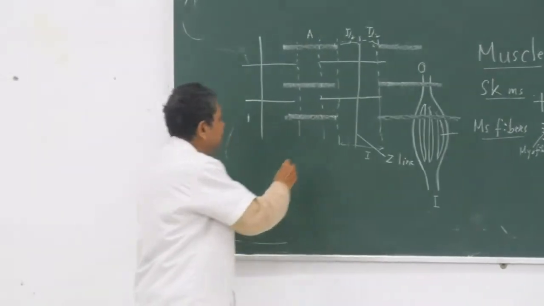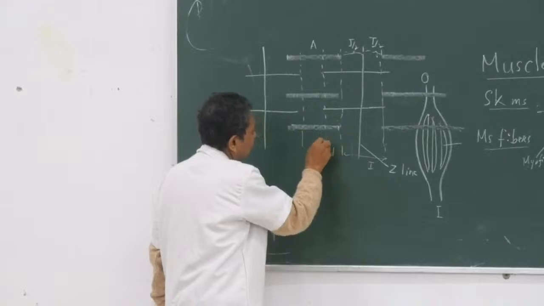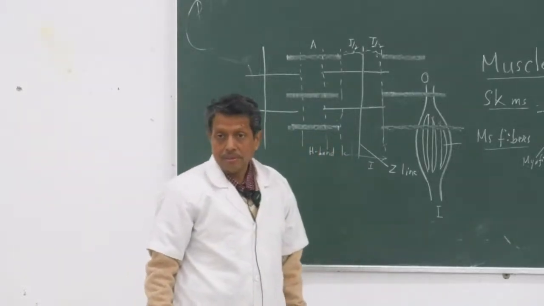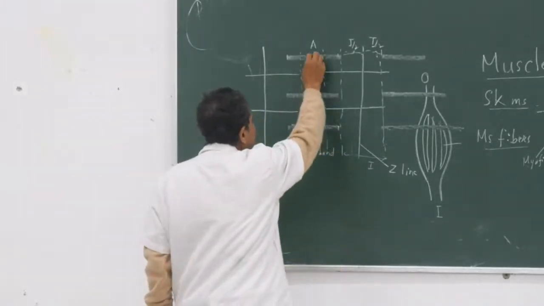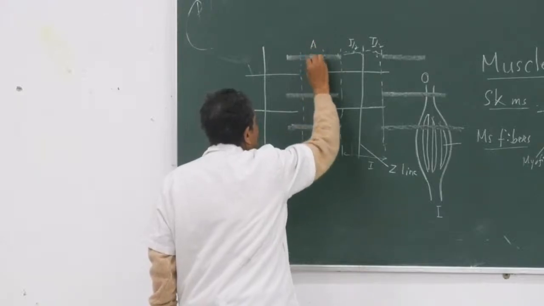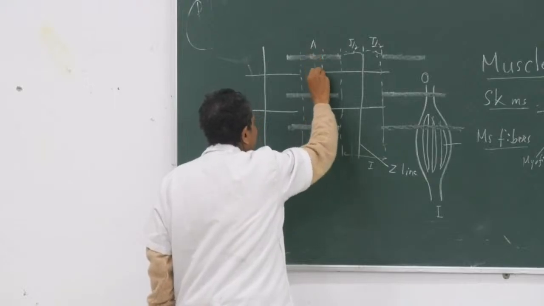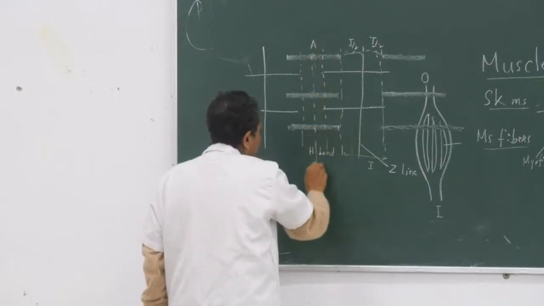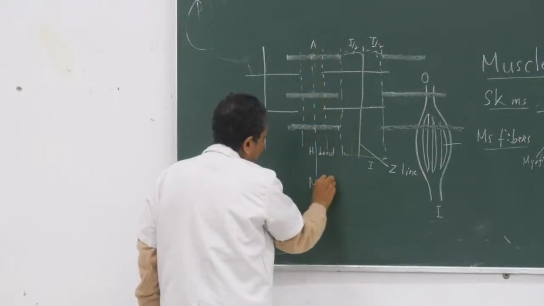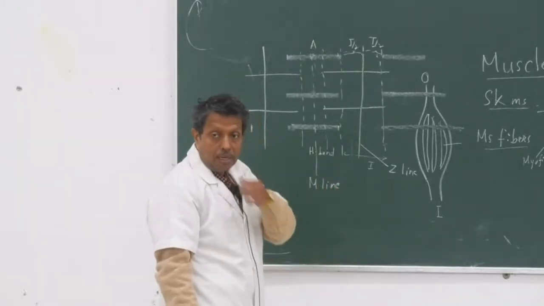It is called H band. Relatively lighter. And at the middle of this A band, there is this M line. There is some dilatation, and this is the M line.